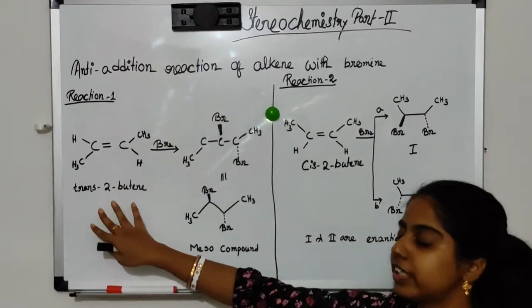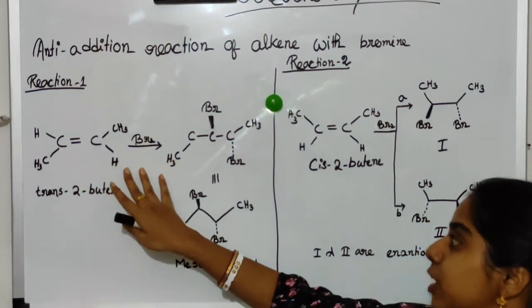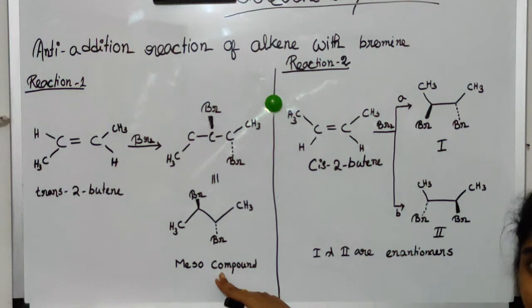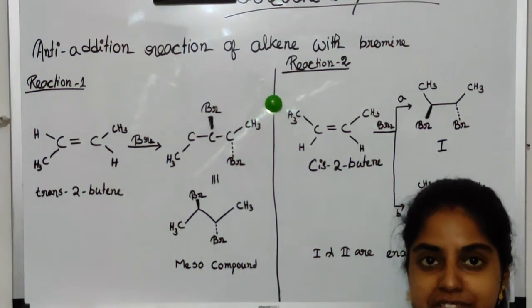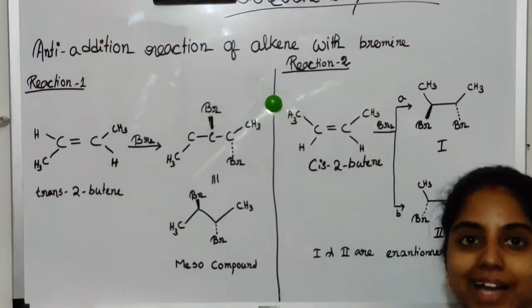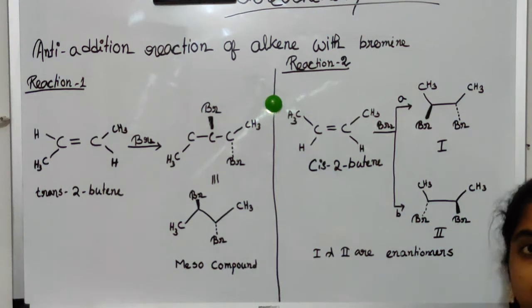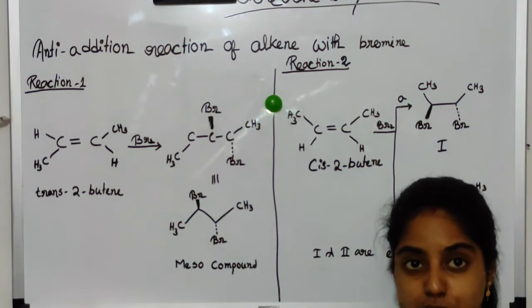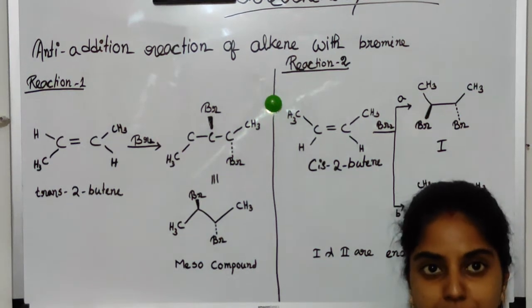When trans 2-butene reacts with bromine, it produces a meso compound. Meso compounds are compounds which have one plane of symmetry, right? In my previous video I discussed it. It contains one plane of symmetry and one half of the molecule is the mirror image of the other half of the molecule. So these are the meso compounds, right?